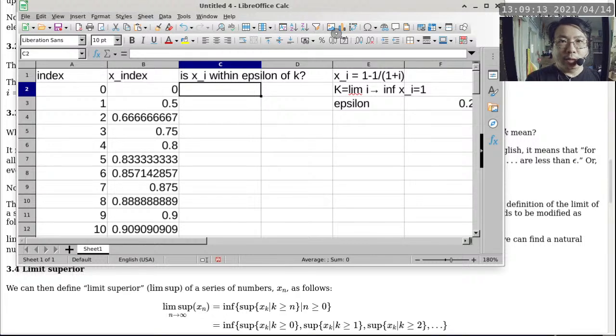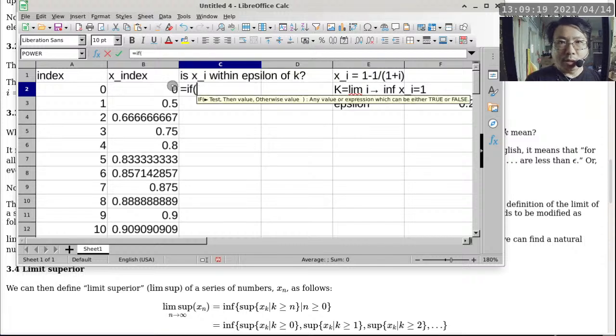So now we evaluate the condition, and we ask if the limit, which is 1, minus the value, oh, I need the absolute value too. So we look at the absolute value of k, which is 1, minus the element in the sequence.